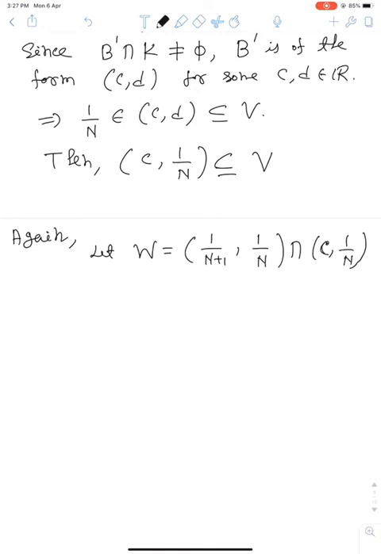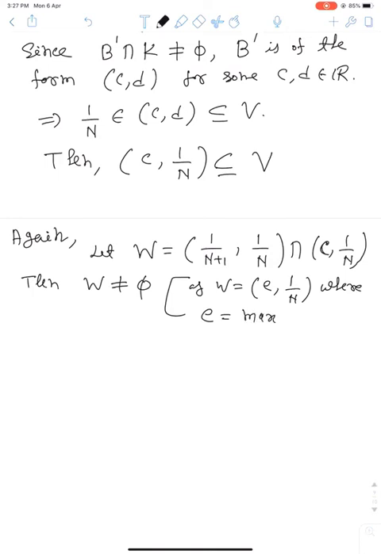Now obviously W is non-empty because it is the intersection of two open sets with one point in common, right? It is clear because W is just of the form, say, E comma 1 by n, where E equals the maximum of 1 by n plus 1 and C. That's why W is non-empty.